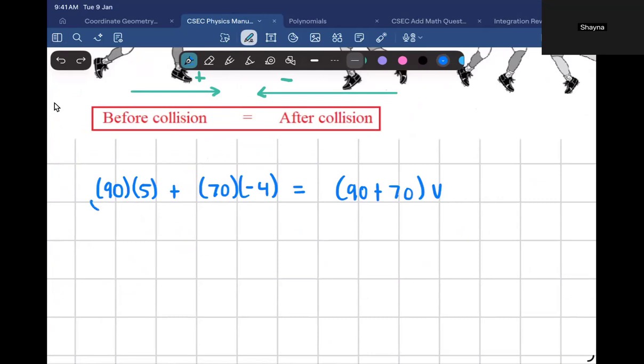So I want you to simplify the left-hand side. Tell me the final answer. So we have 450 minus 280. Let me know what you would get there. We found it was 170. Okay, good.